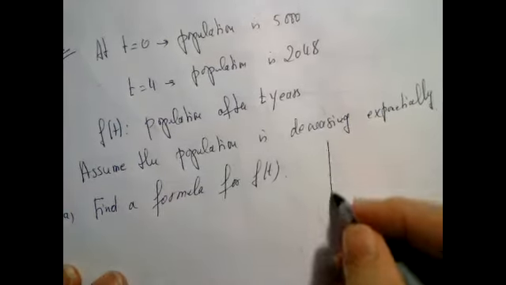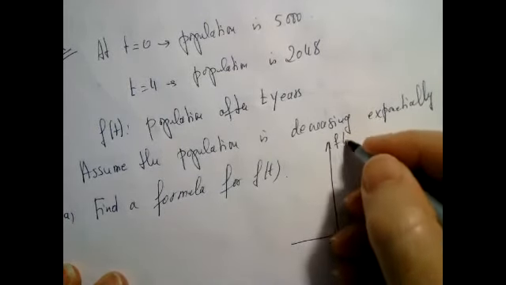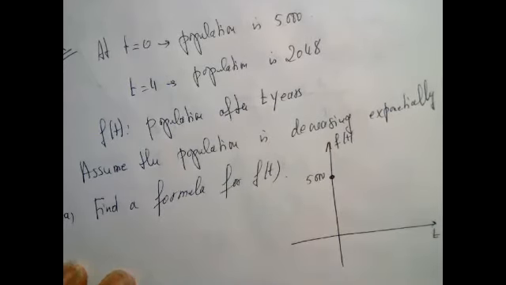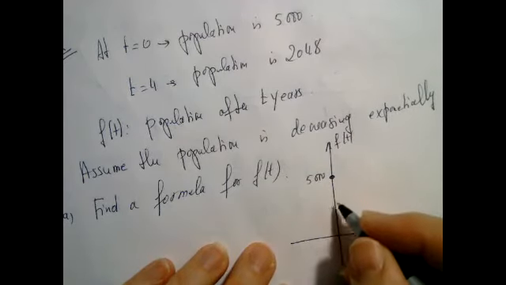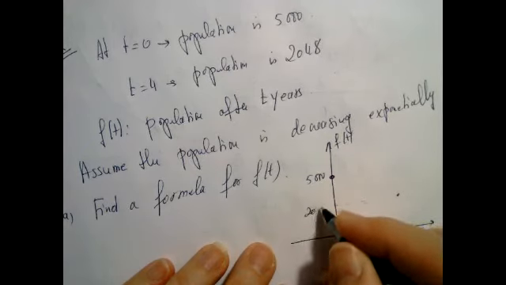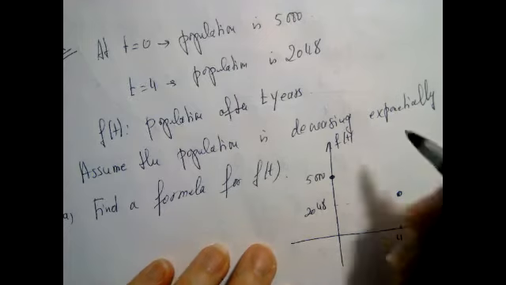Right? So basically we have the following scenario. This is my t, that's my population. It started at 5,000, and after 4 years, it's down to 2048. So it's going down rapidly, but it's exponential.